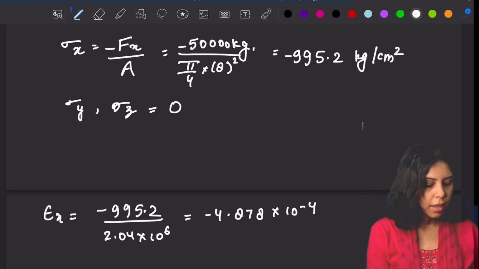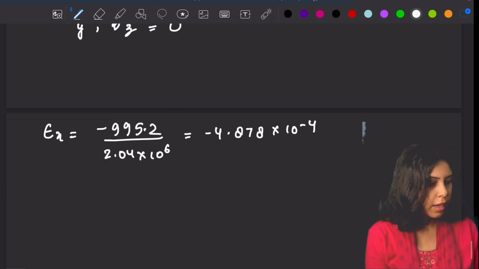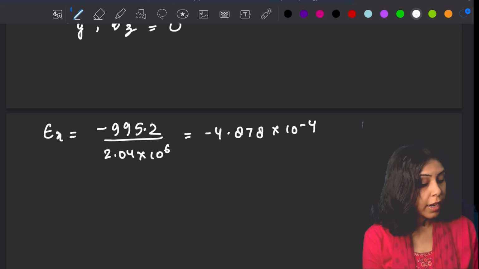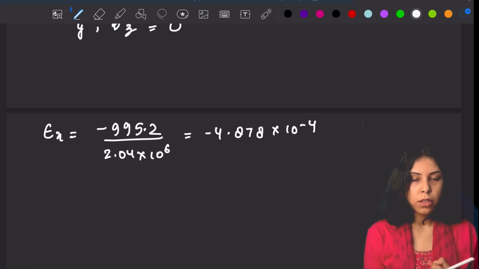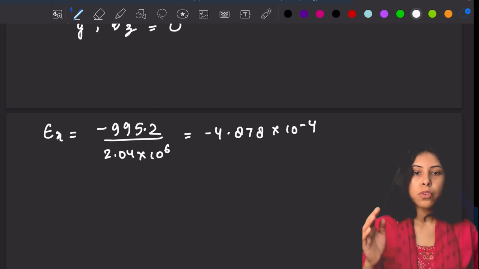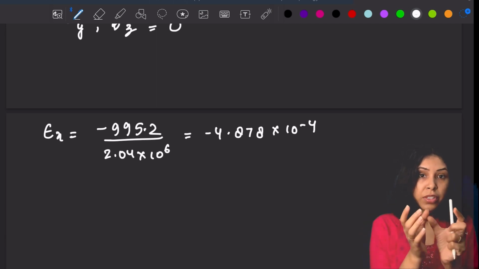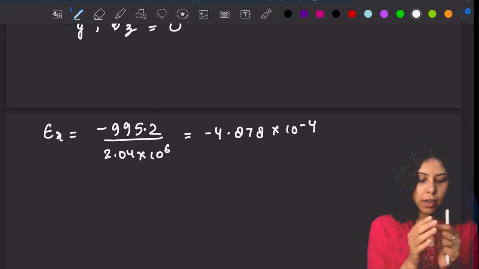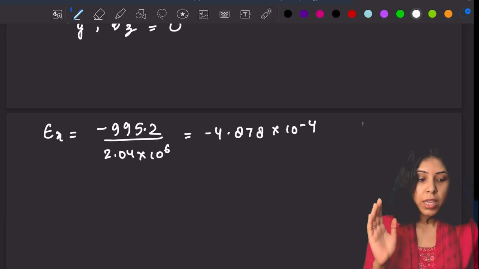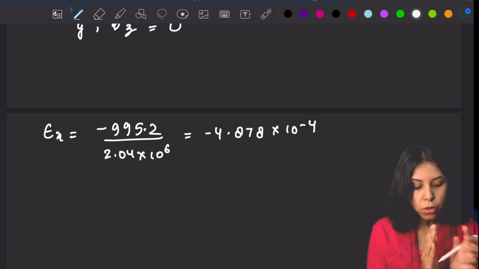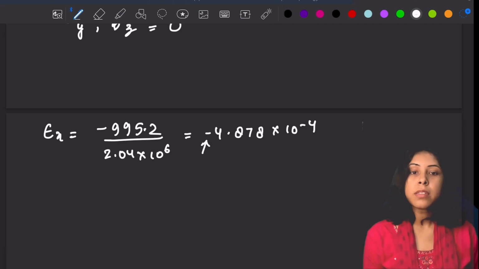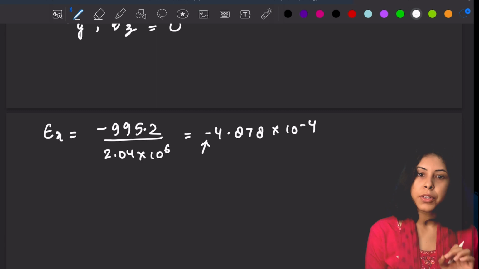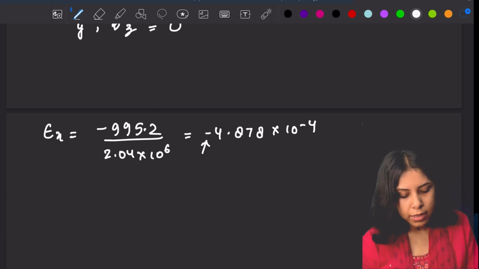This is the value of epsilon x. And as we can see, the load was compressive. So for compressive load, the dimension in the direction of the force is going to be reduced. So we got a negative sign here, that means the dimension is going to be reduced.